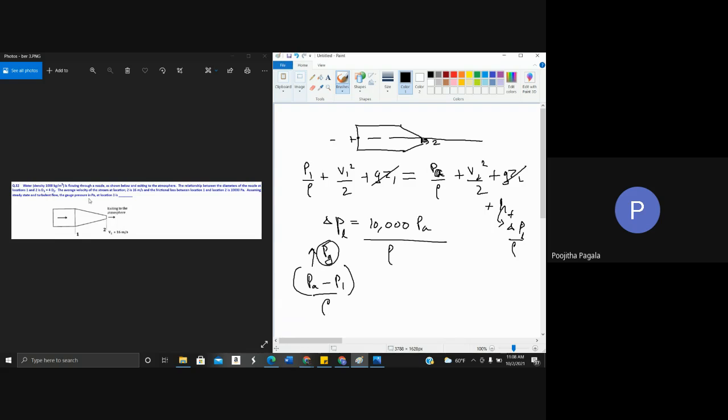They're asking for the gauge pressure, not the absolute pressure. So PA minus P1 by rho plus V2 square by 2 minus V1 square by 2 plus delta P loss by rho is equal to 0.